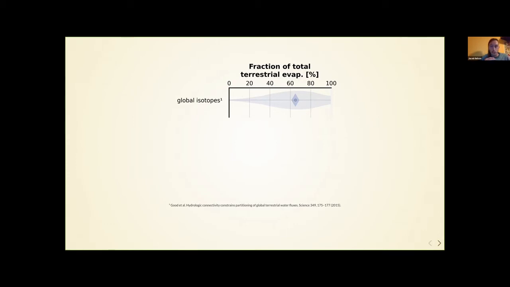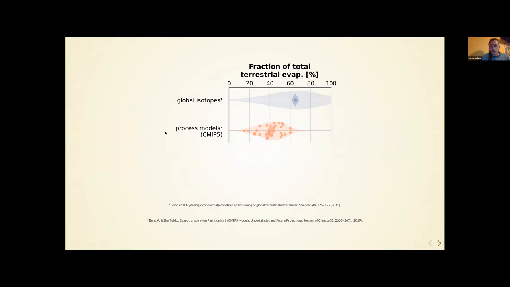But if we want something more spatially or temporally explicit, we might go to some process models. So here's a plot of T over ET, the terrestrial transpiration to evapotranspiration ratio, in CMIP5 models. Each dot is a model, and the diamond is the ensemble mean.